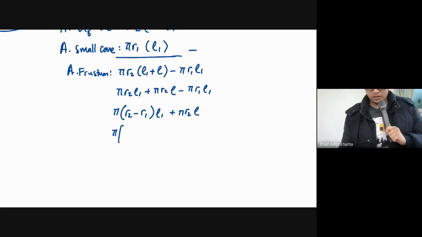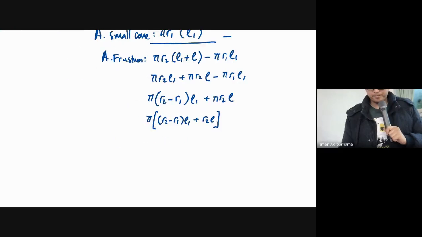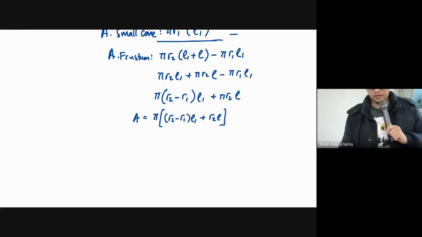I can write this as pi times R2 minus R1 times L1, plus R2 L. Yeah, so this is the area.